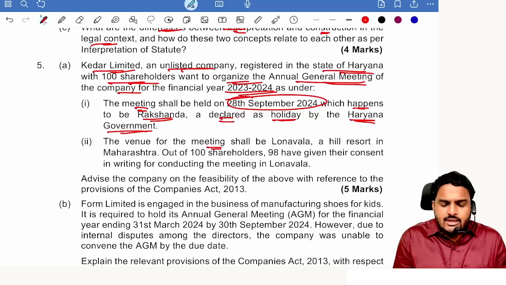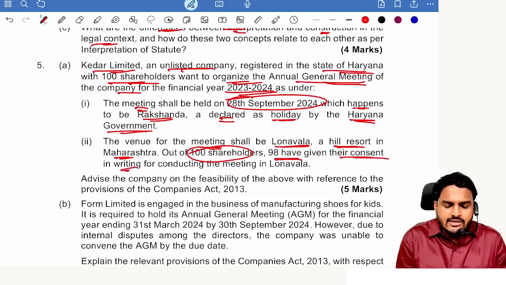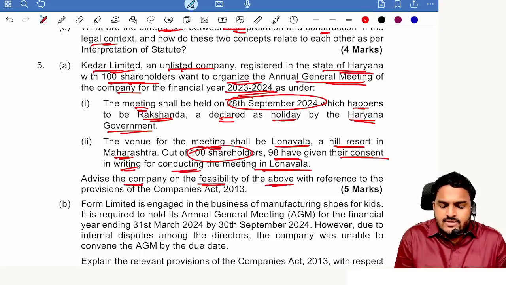The venue of the meeting shall be Lonavala, a hill resort in Maharashtra. Out of 100 shareholders, 98 have given their consent in writing for conducting the meeting in Lonavala. Advise the company on feasibility of the above with reference to provisions of the Companies Act 2013.